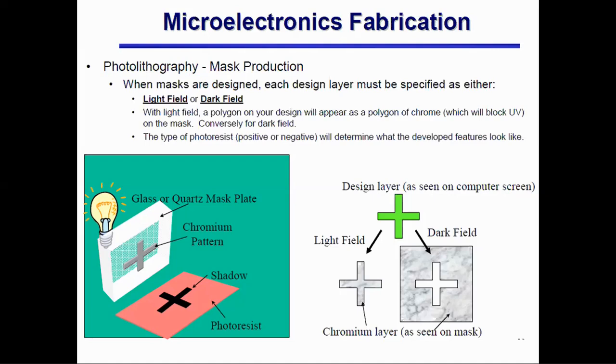We have glass photo mask, and we have transparency photo mask. Glass mask, here you see the glass mask, we have a quartz glass, and on it the manufacturer would deposit the chrome layer, just like a mirror.